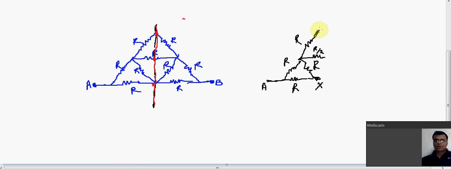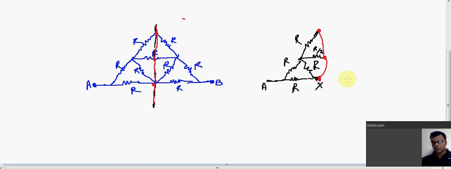So if I consider this point and this point and this point, all of them are equipotential, which means I can as well join them, right, because all of them are same point, which means all these three resistances R, R by 2 and R are in parallel now.